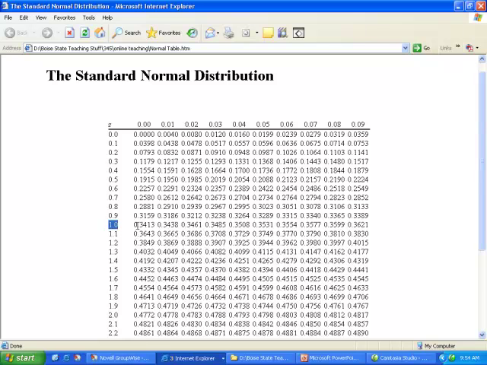And right here is the value for 1.00, which is exactly what we're interested in. We read the first two digits, the one to the left of the decimal and the first one to the right of the decimal, from this column on the left, and then we read the last digit from up here at the top. So we're interested in 1.00. That's equivalent to a probability of 0.34 or 34%.